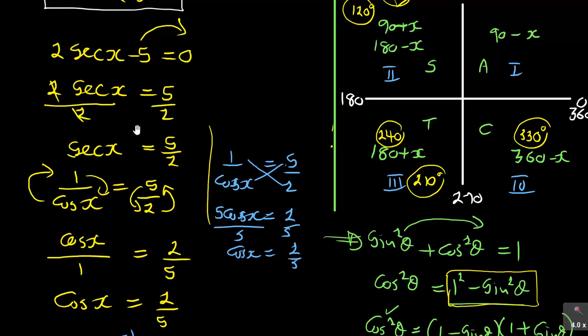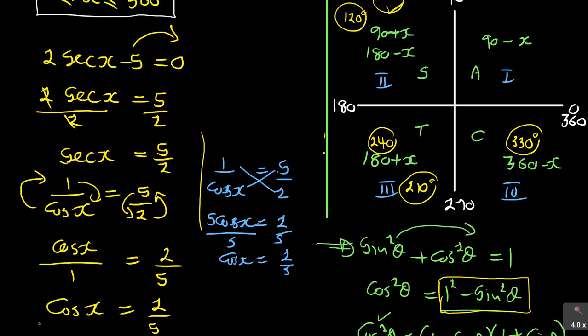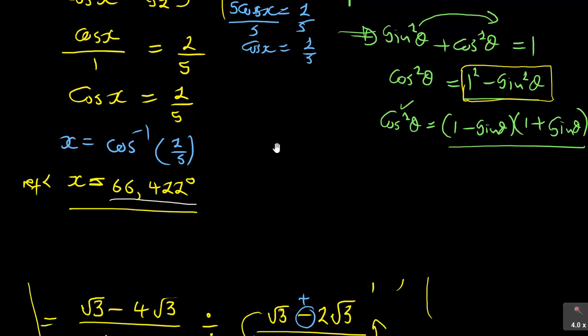You go to your CAST diagram and you will see that cos is positive also in the fourth quadrant. There is C, cos is positive, and that is 360 minus x. So that's the second answer.